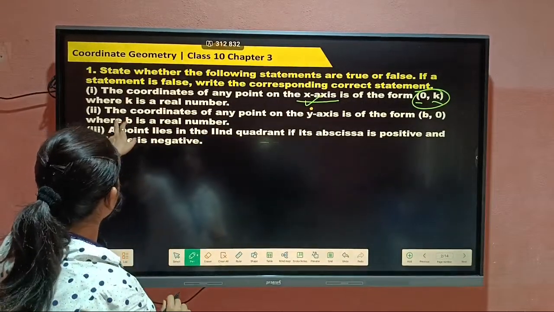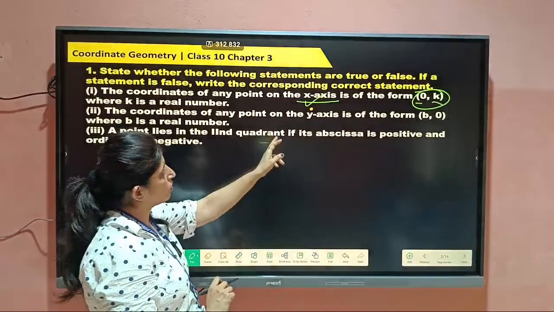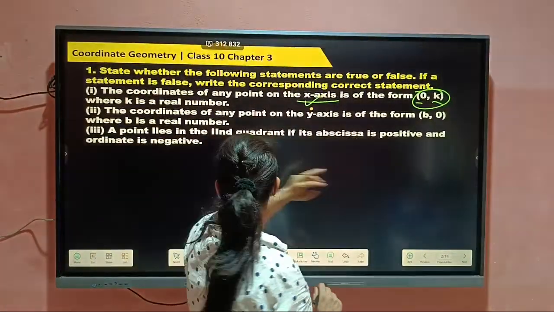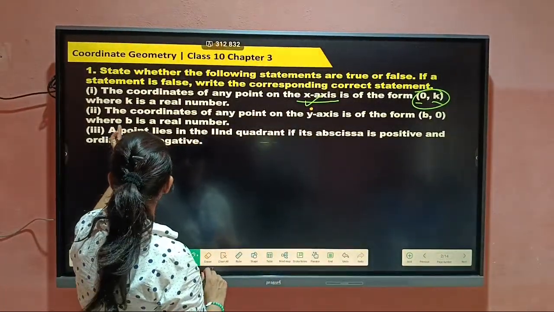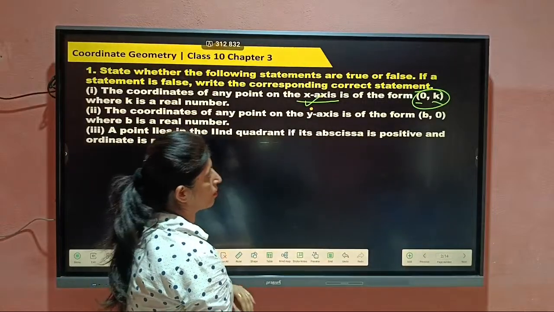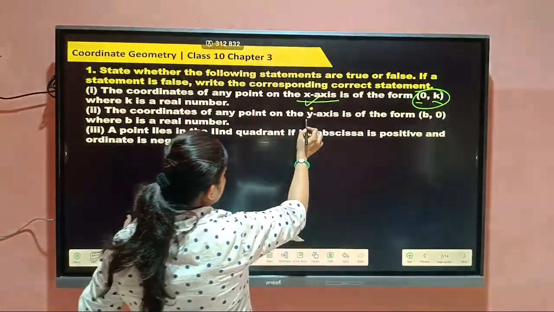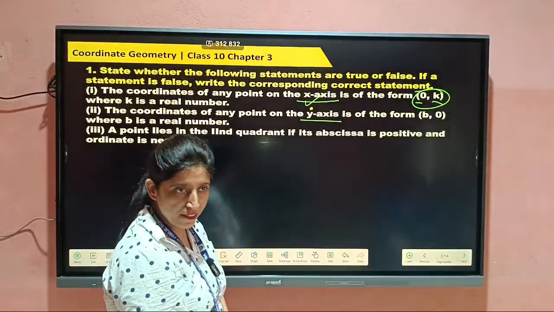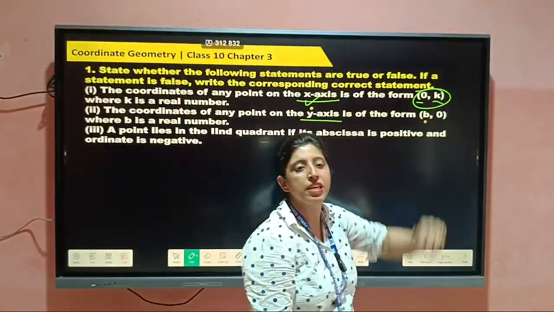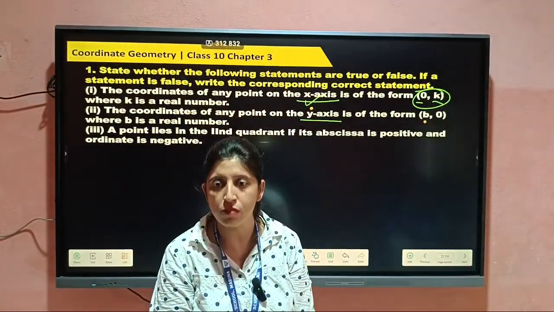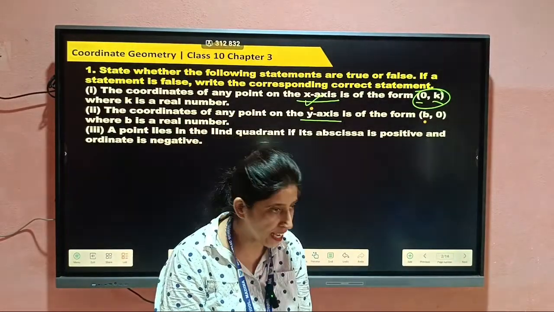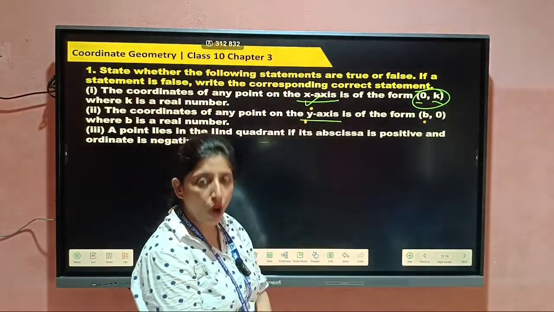Second part, the coordinate of any point on the y-axis is of the form b0, where b is a real number. Now y-axis is given and this coordinate is given b0. b0 means point lies on the x-axis, but it is given y-axis.